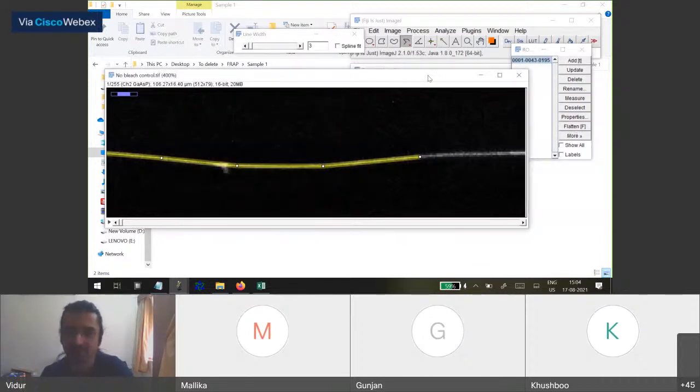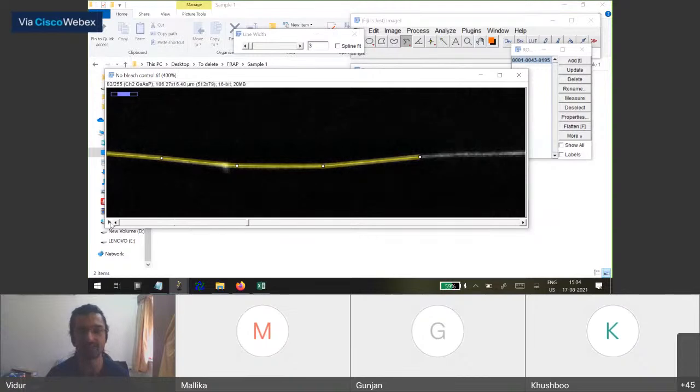I guess everyone has followed till now. So now the second step, once you have marked your ROI, is to get the intensity value over time. As you can see, this is a movie, so there is a slider on the bottom.